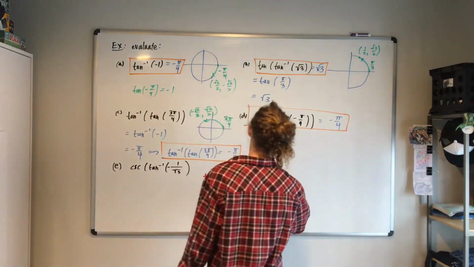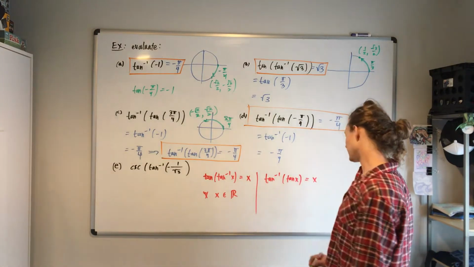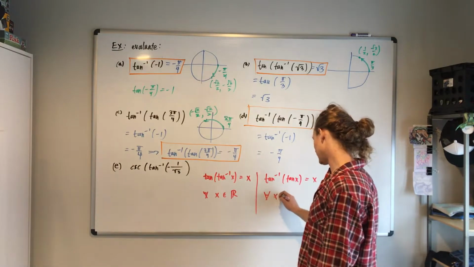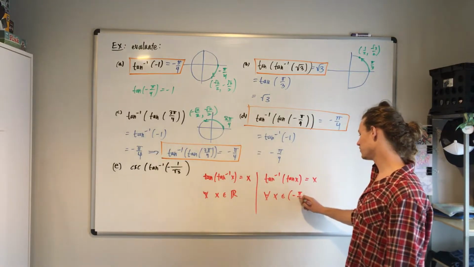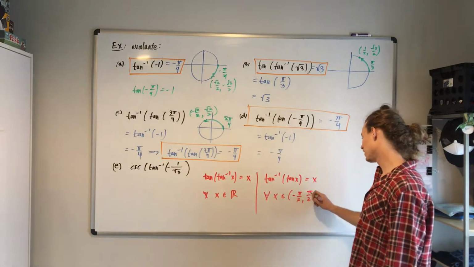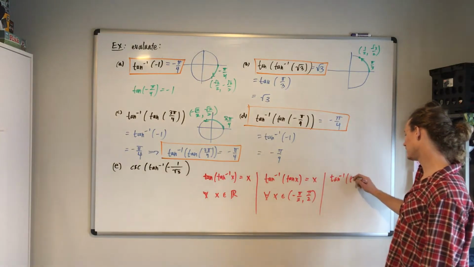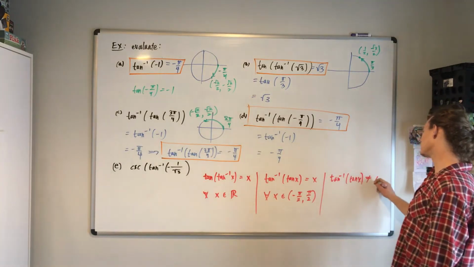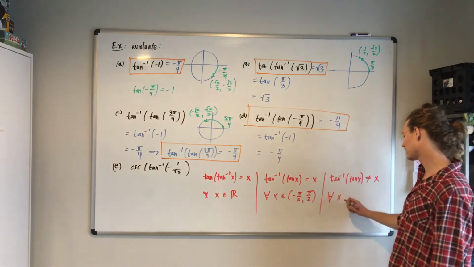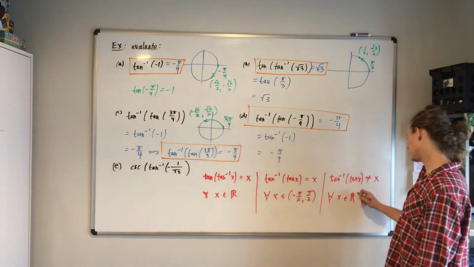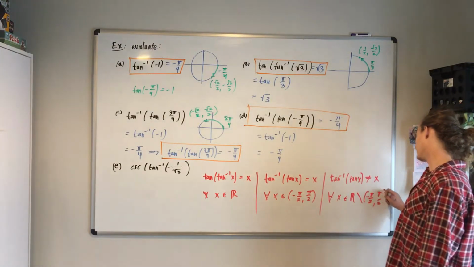We could say that the inverse tangent of the tangent of x equals x for all x in the range of inverse tangent, which would be the values between negative pi halves and positive pi halves, not including their endpoints. And finally, that the inverse tangent of the tangent of x is not equal to x for all x outside the range of the inverse tangent, for all x belonging to the real numbers take away those real numbers in the range of inverse tangent.